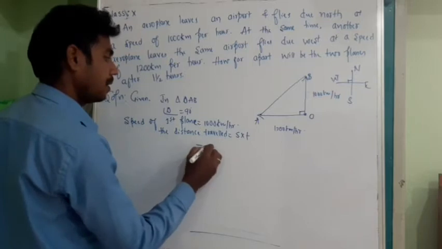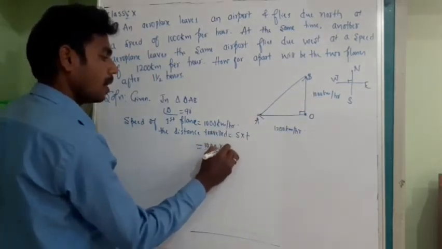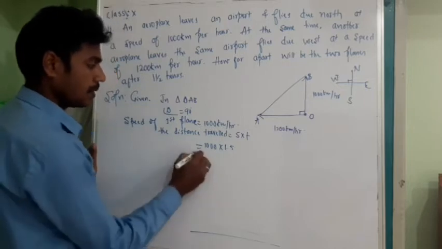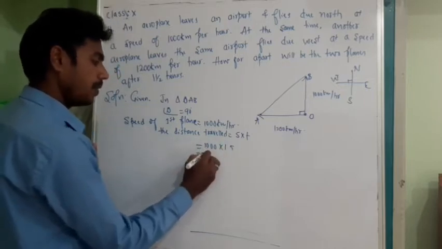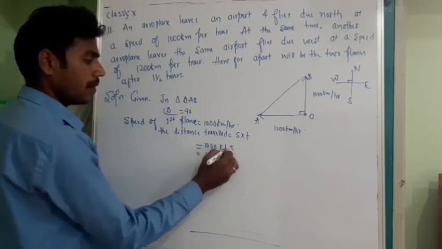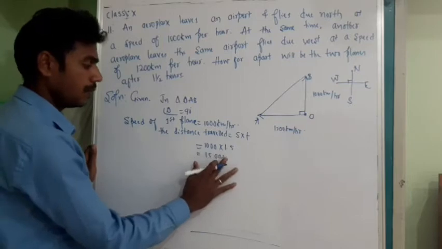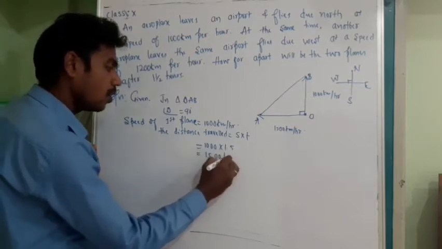What is the speed? 1000. What is the time? 1.5 hours. So 15 ones are 15 followed by 3 zeros, but after one digit, one decimal should be there. So it is going to travel 1500 kilometers.